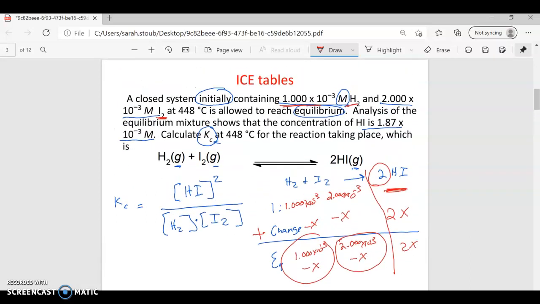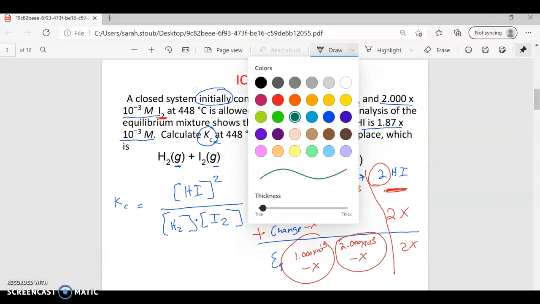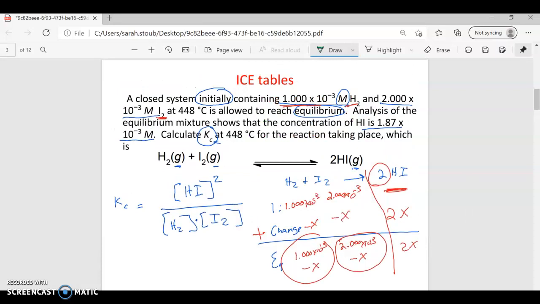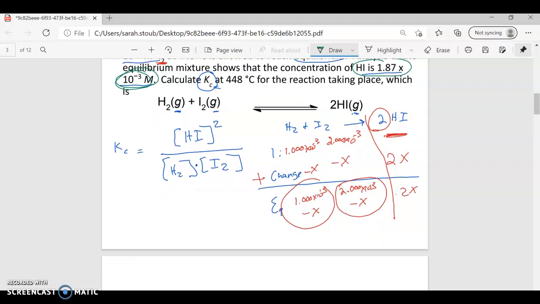Okay, they did give me some interesting information that kind of helps me out a little bit. They did tell me that at equilibrium, my HI is equal to that number. So they actually told me that this right here is 1.87 times 10 to the negative 3. Well, that's useful, because if I need to find Kc, I need to know all the values that are in this expression.